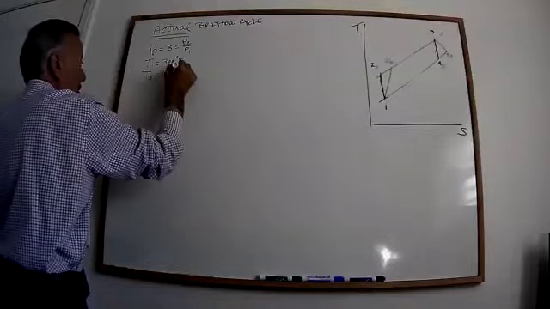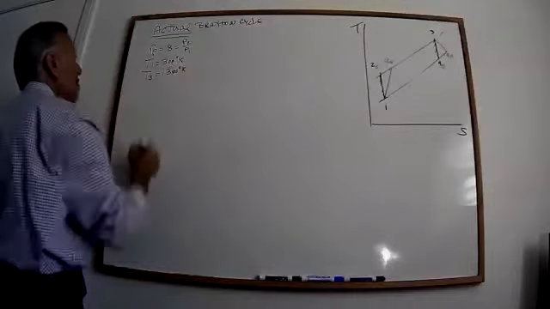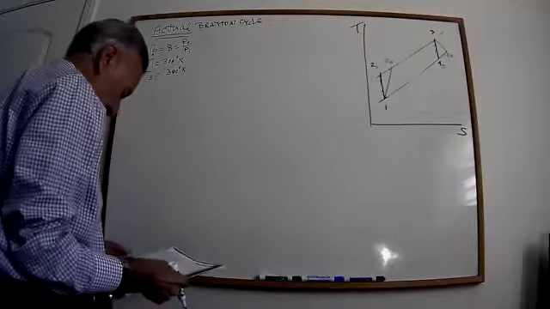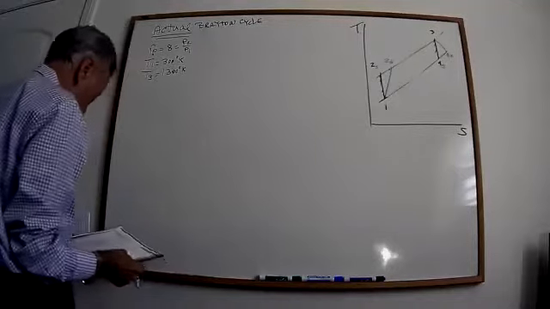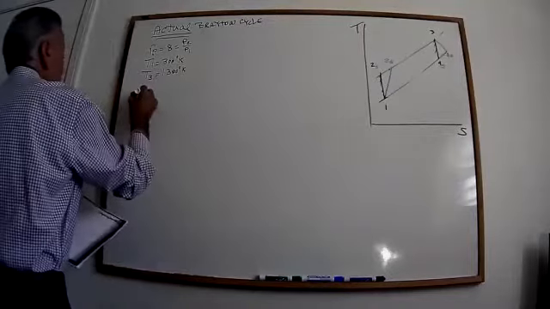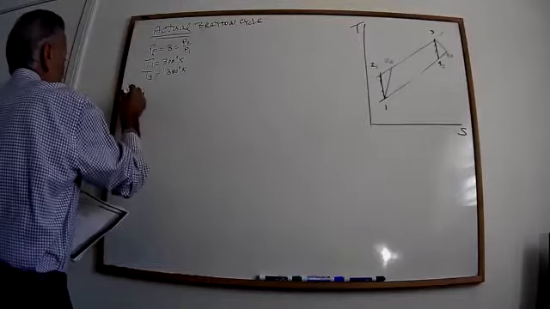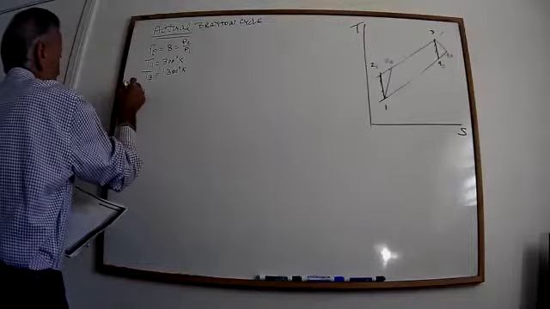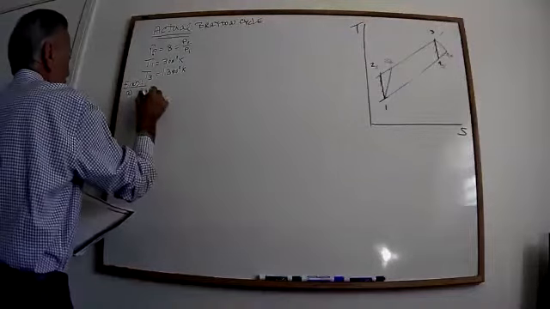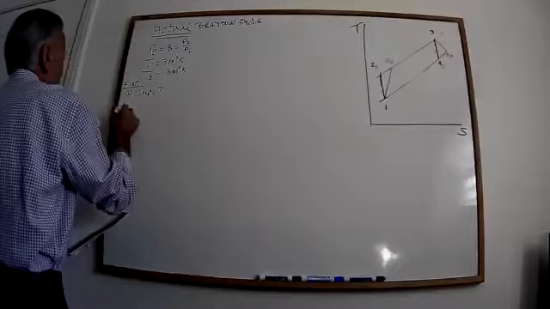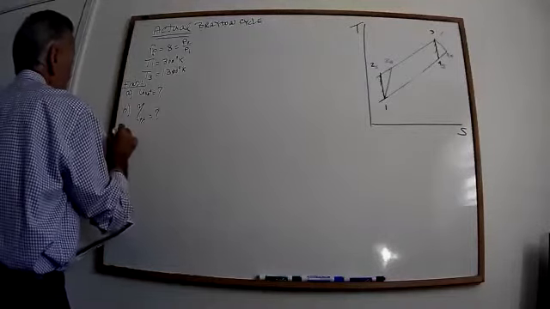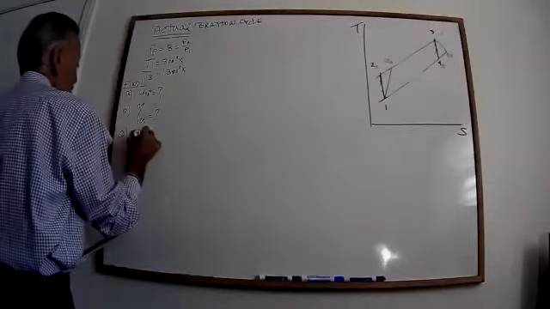The temperature at point 3 is given to be 1300 degrees Kelvin. With that information, they want us to find the net work, thermal efficiency, and back work ratio.